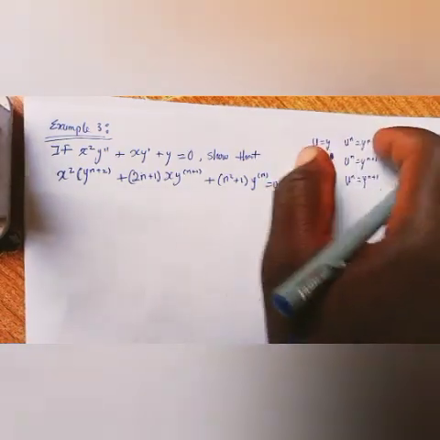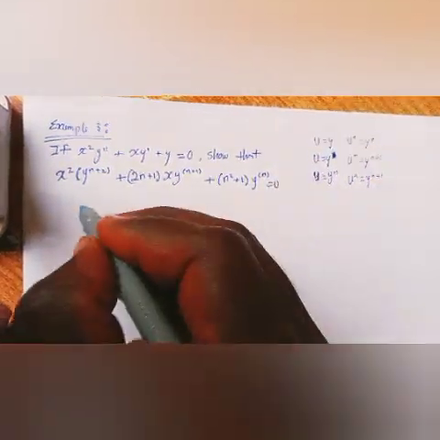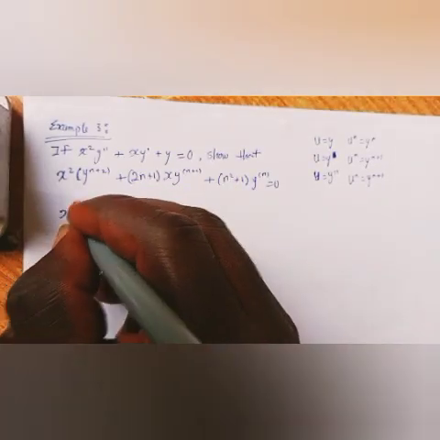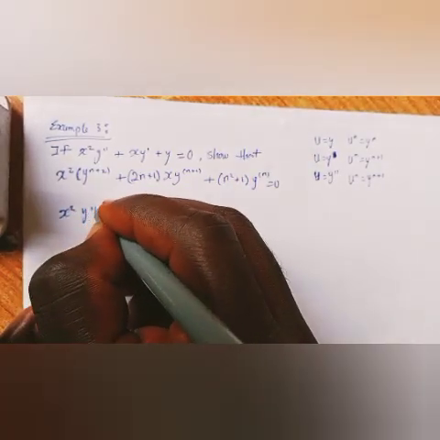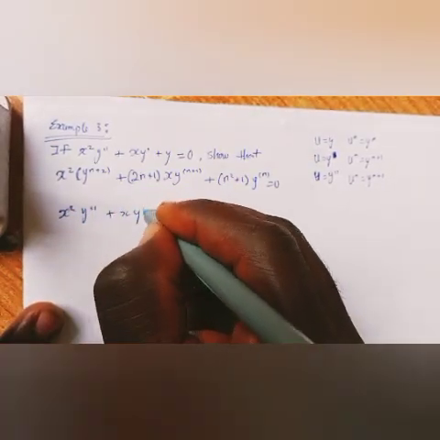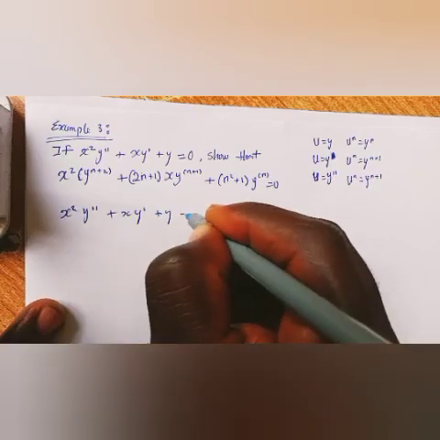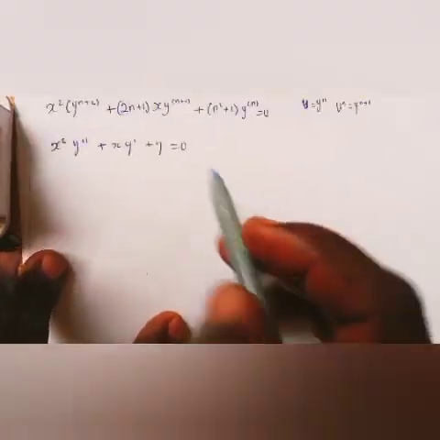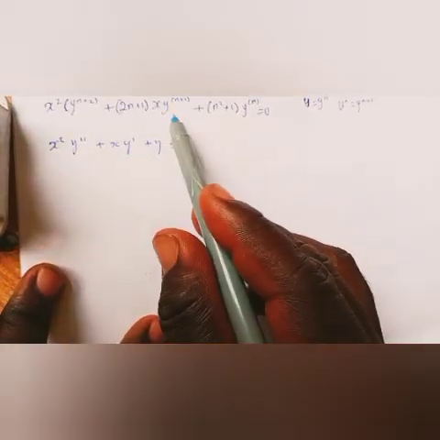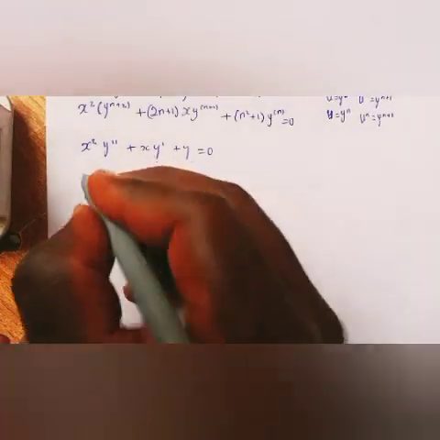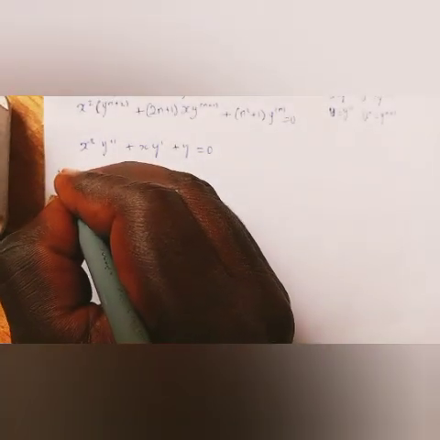So we need to know all this. Now the question is x² y'' + xy' + y = 0. So we have to show that this equation is equal to this. Now let's separate it and do it separately.